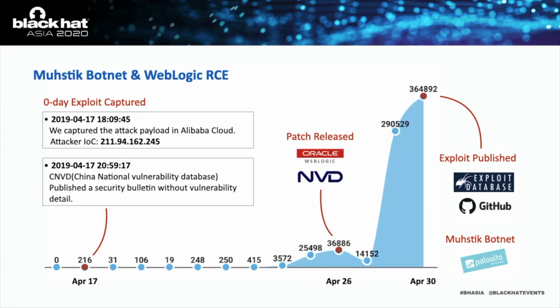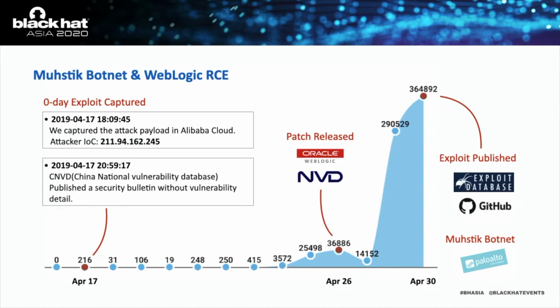This RCE 0-day came to the eyes of the public on the 17th of April 2019, when the China National Vulnerability Database published a warning without any vulnerability detail. Two hours before that, we had already caught this 0-day with the full exploit payload, which can be replayed.